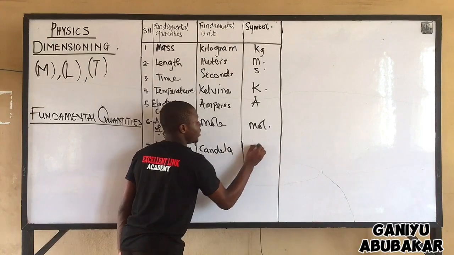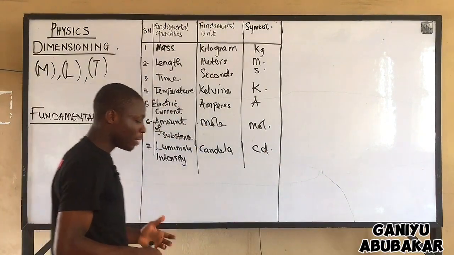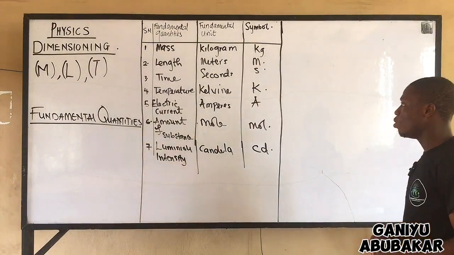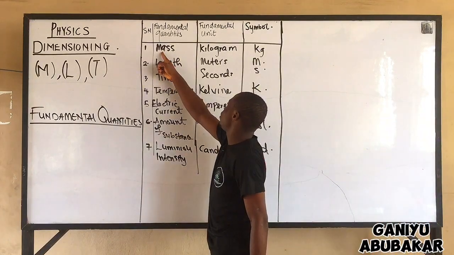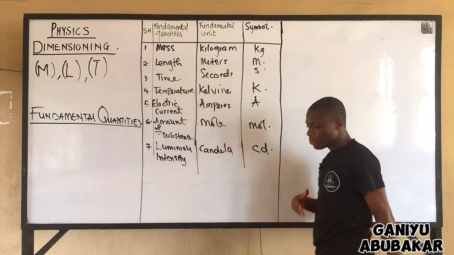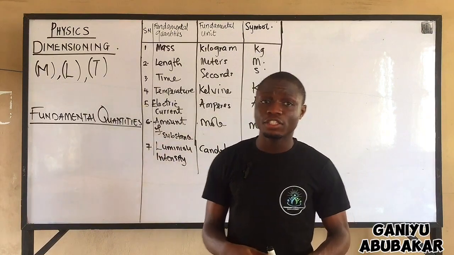Candela, the symbol there is cd. So these are the 7 fundamental quantities and their units as I've given you below here. So we have mass, that's kilogram, kg, length, time, electric current, temperature, amount of substance, and luminous intensity.